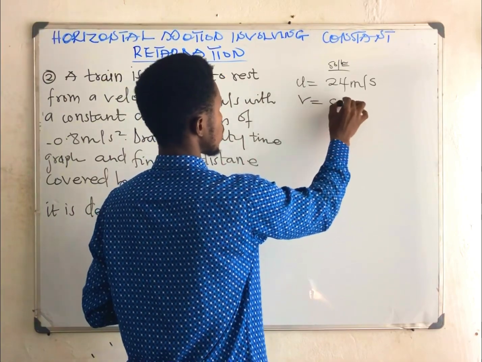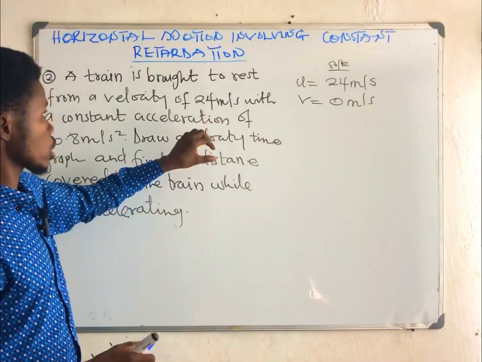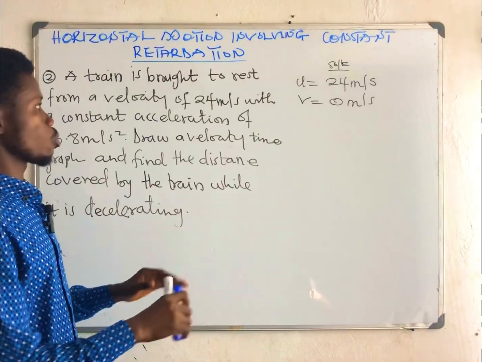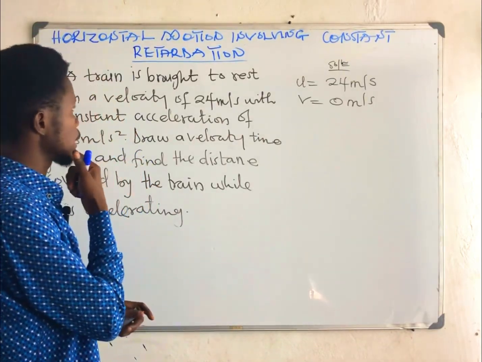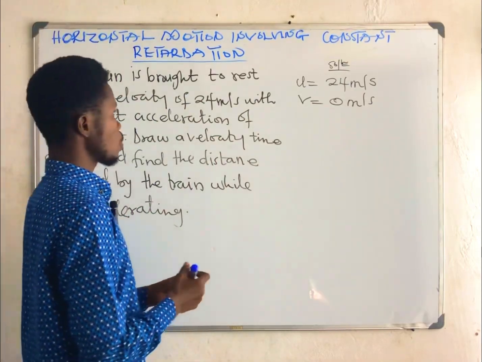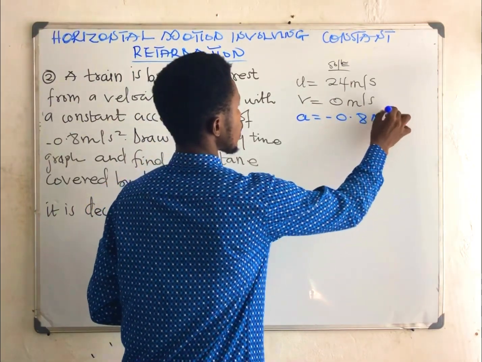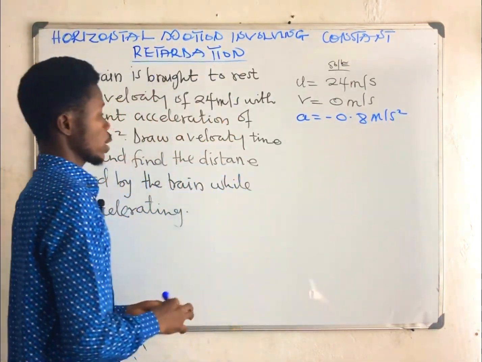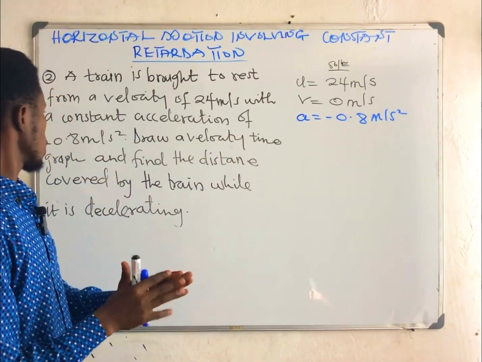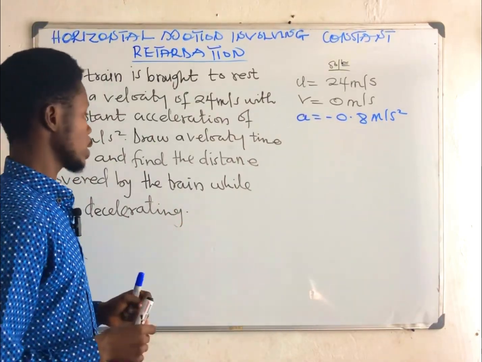And final will be what, 0 meters per second, because brought to rest means that at rest there is no velocity, there is no movement, it stands still. Okay, with a constant acceleration of negative 0.8, so my acceleration is negative 0.8 meters per second squared. So we should draw a velocity time graph and find the distance covered by the train whilst it is decelerating.